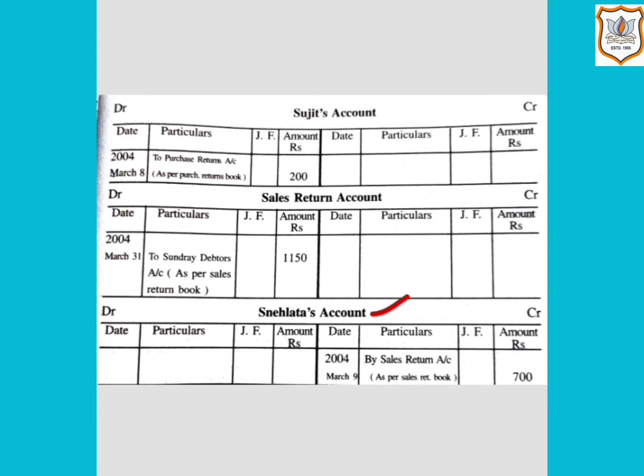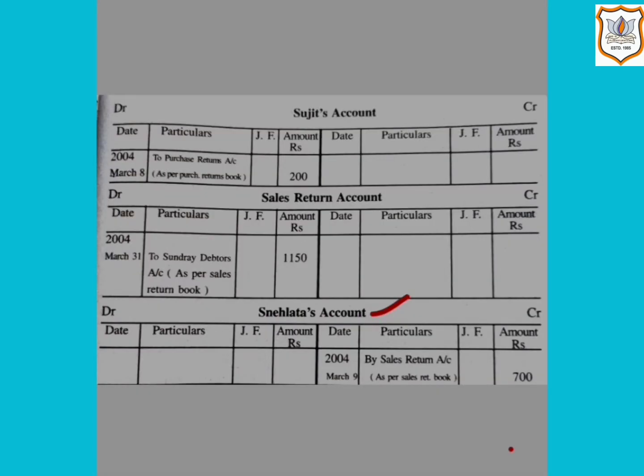On the basis of that, four main accounts, that is purchase account, sales account, purchase return account and sales return account will be opened, and the accounts of all customers and traders which are shown in the sales book, purchase book, sales return book and purchase return book will be opened. So in this way, there are a total of 14 accounts which are affected and which will be opened.